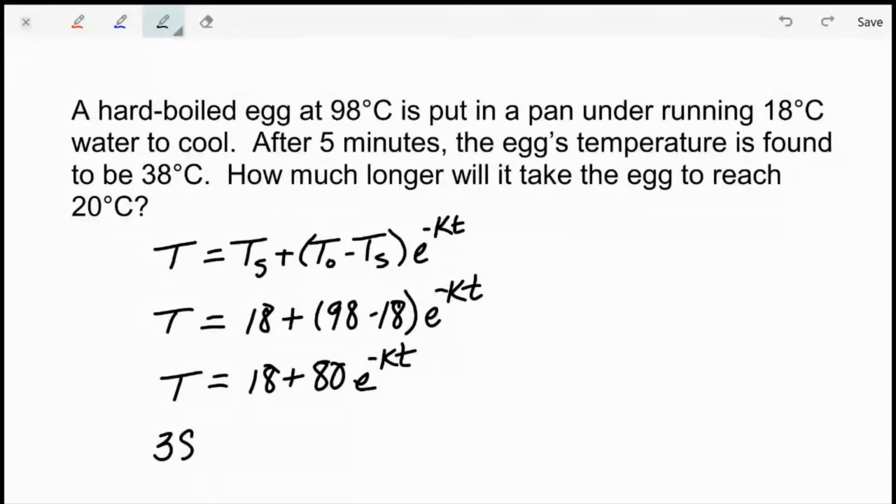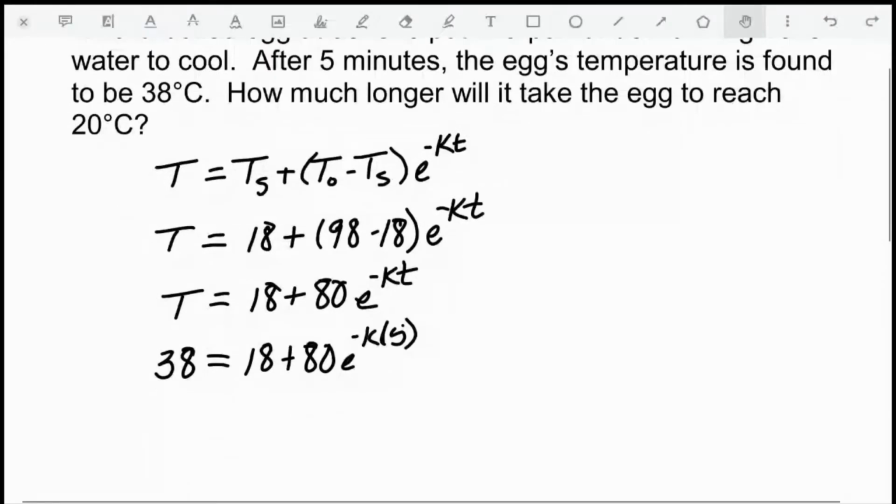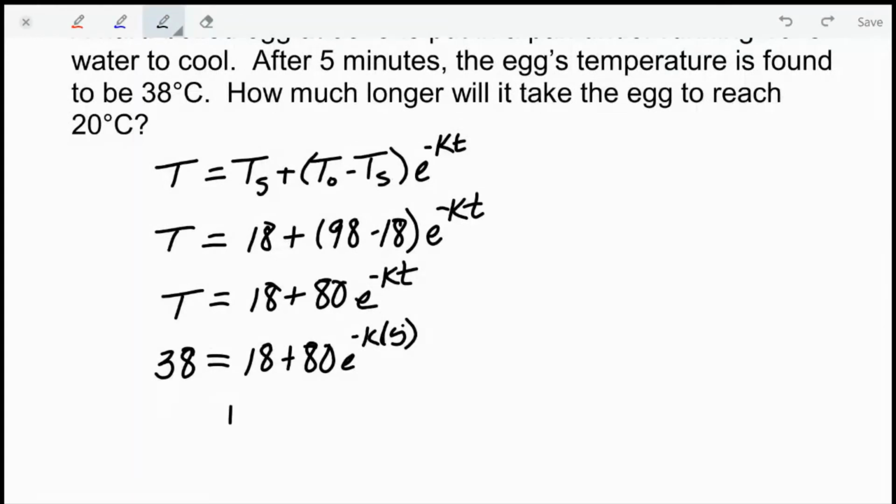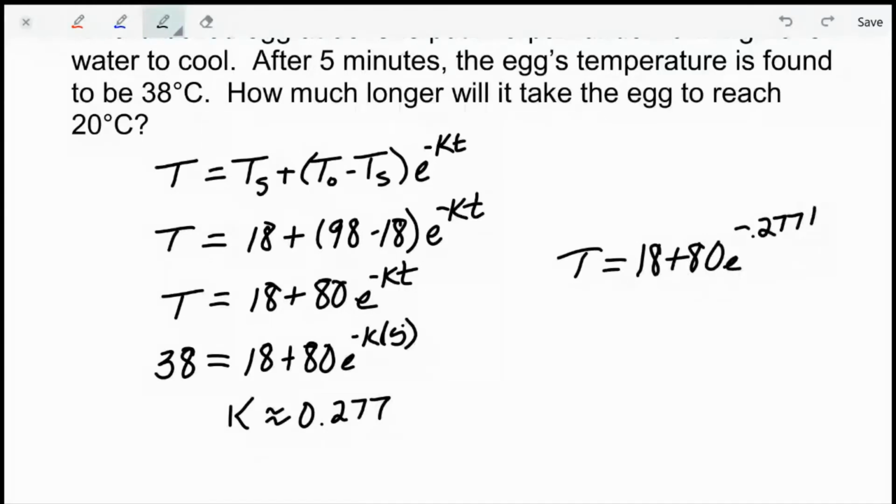So I know 38 would be equal to 18 plus 80 e to the negative k times 5. And from that, I can solve for that K value. The K value turns out to be approximately 0.277. And now I've got the model where I can find my temperature at any point in time. So it's going to be 18 plus 80 e to the negative 0.277 T power.